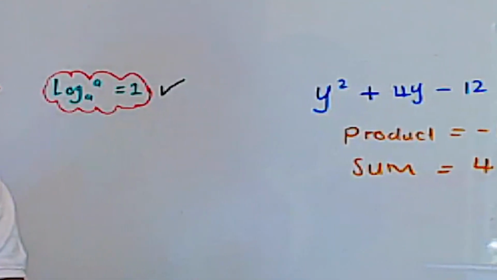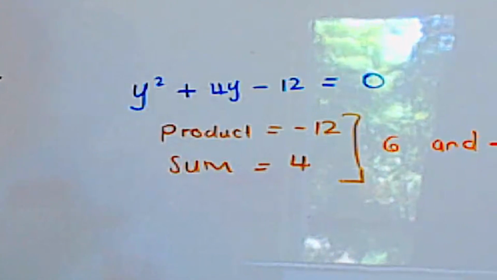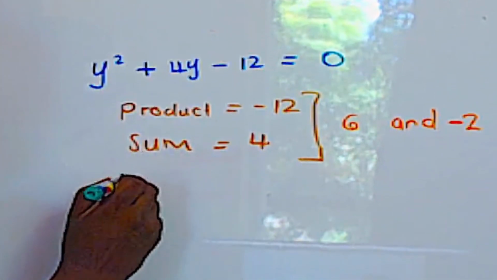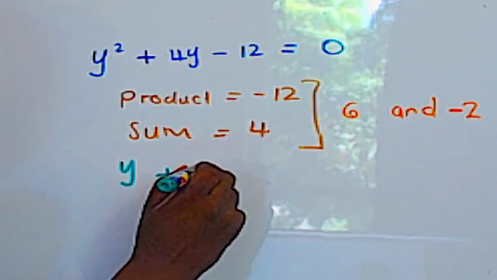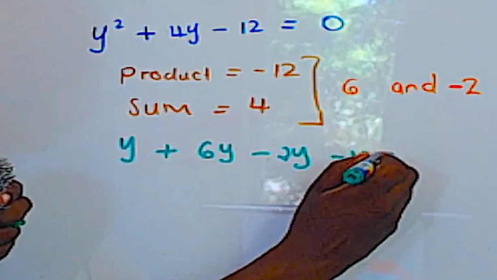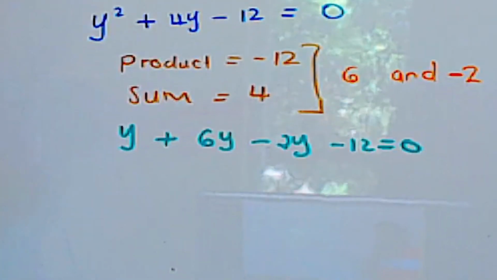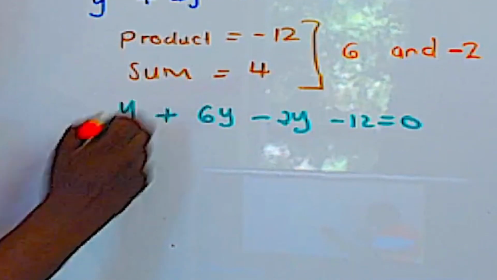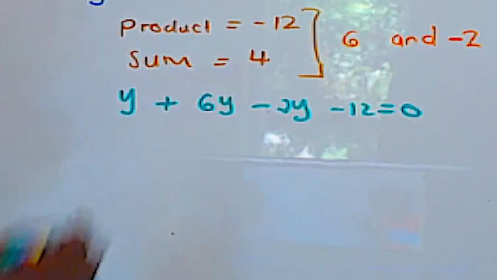So we can write this as y squared plus 6y minus 2y minus 12 is equal to 0, because we are solving this using factorization.